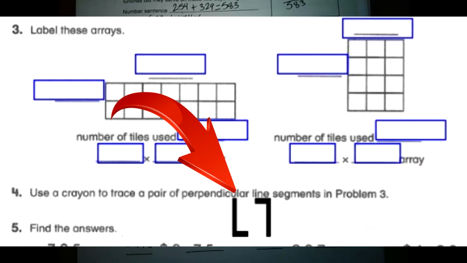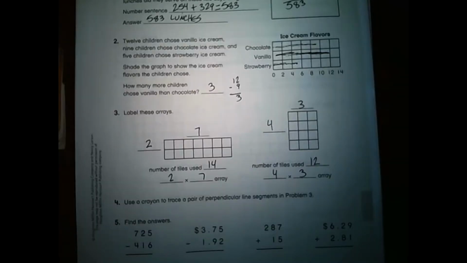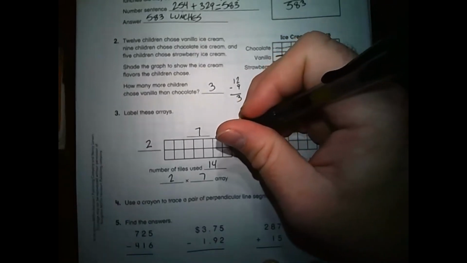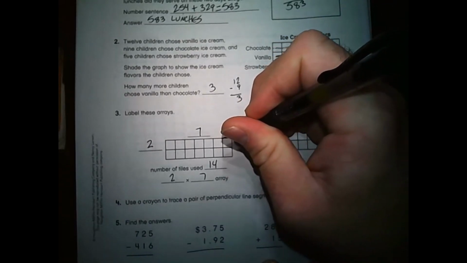Everybody else, a perpendicular line segment, if you remember, it is a 90-degree line segment, or it is a right angle line segment that looks very similar to like an L or just a corner, okay, like that. So that's one line segment, or a pair of line segments.